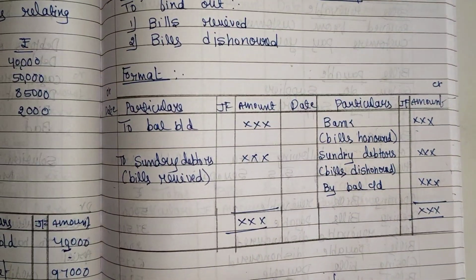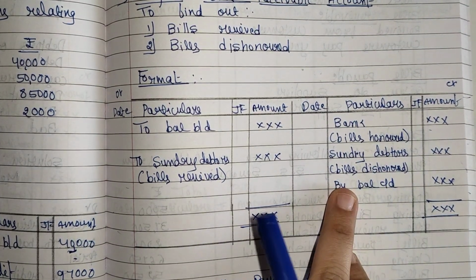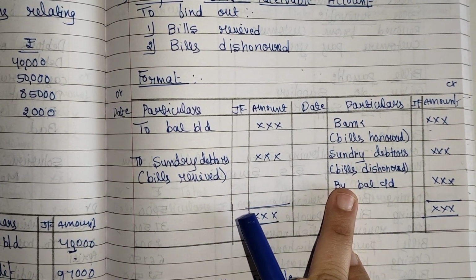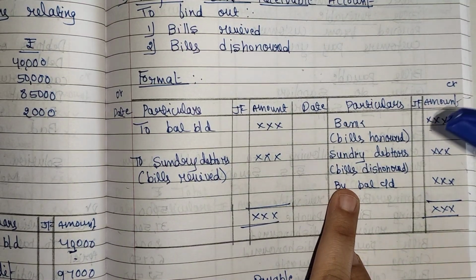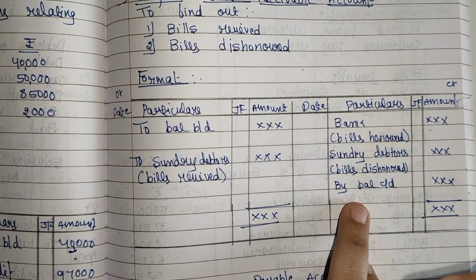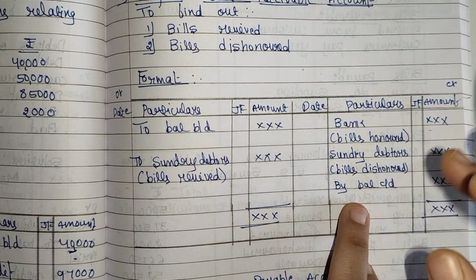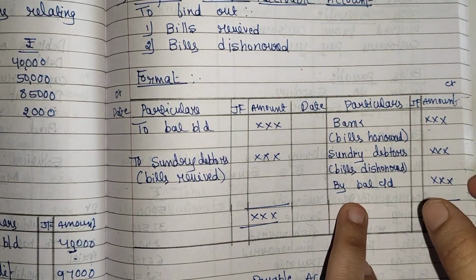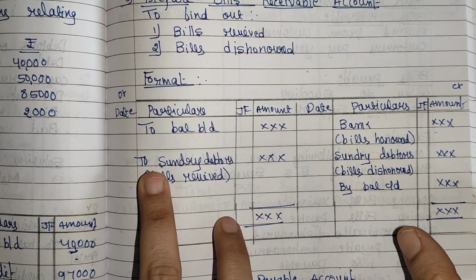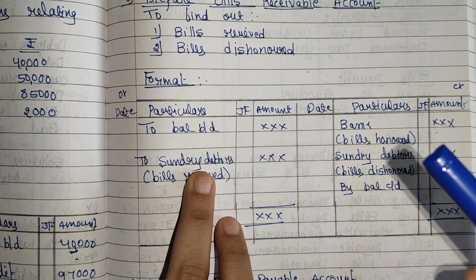And next one is sundry debtors, bills dishonored. It means customers failed to pay the bill. And after that, by balance carried down means closing bills receivable, bills still not received at the end. Now go to the debit side. Write down to sundry debtors.